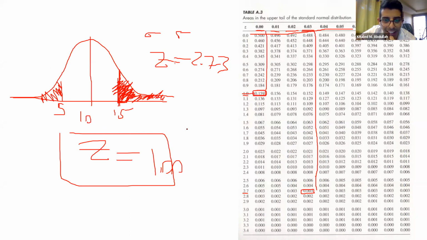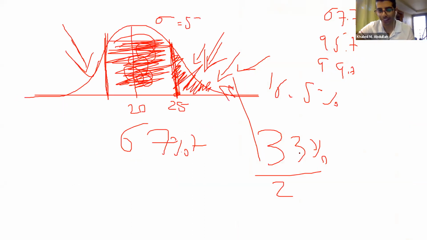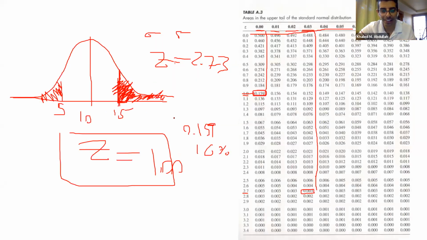And guess what? This value is 0.159, which is very close to 16%, which is very close to the value we got. We got this 16.5 because we were just rounding and everything, okay? But the actual value is 15.9%, right? So the chance of getting 15 in this population with this standard deviation and everything is 15.9%, getting that value or beyond that value, right?